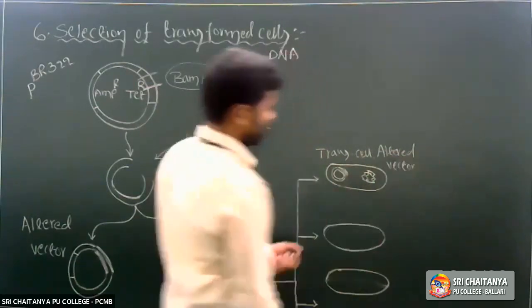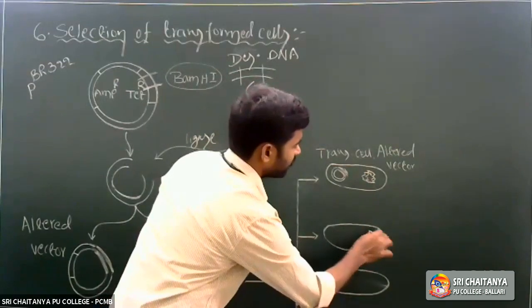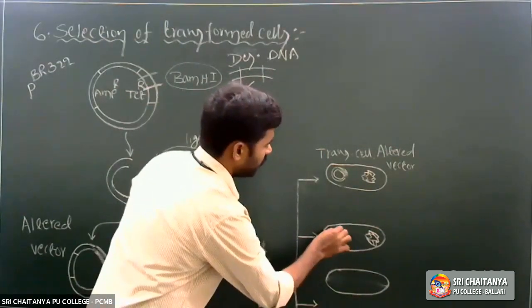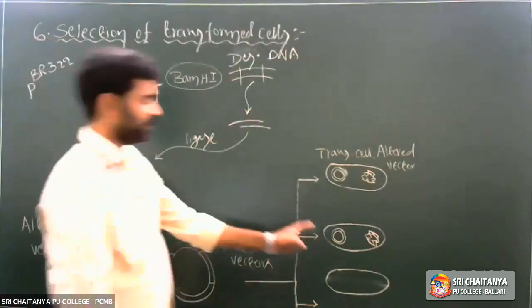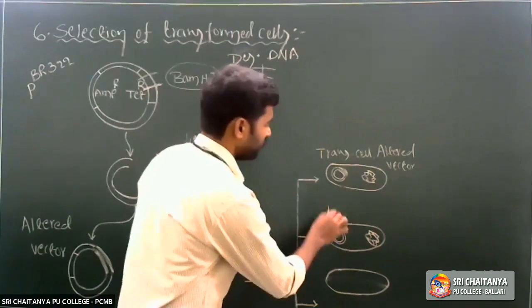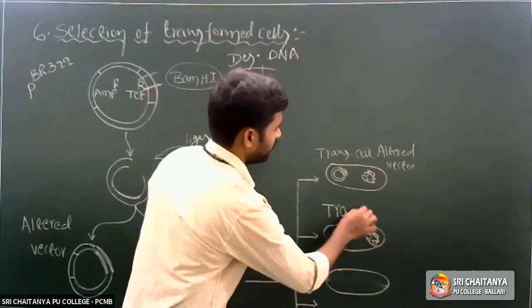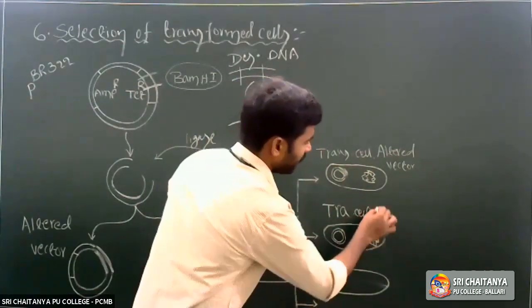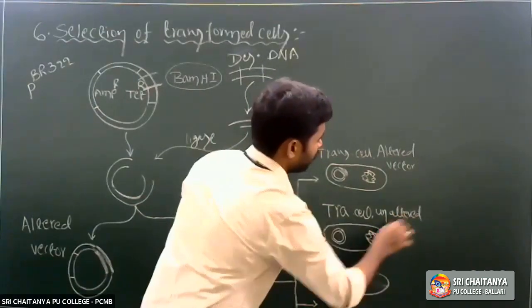Then come to the second type of bacteria, which has an unaltered vector inserted into it. So we call it a transformed cell with unaltered vector.